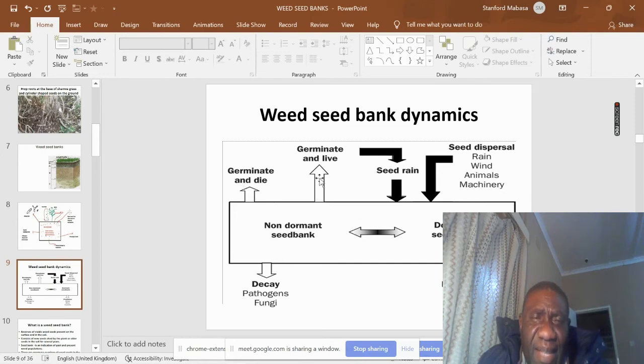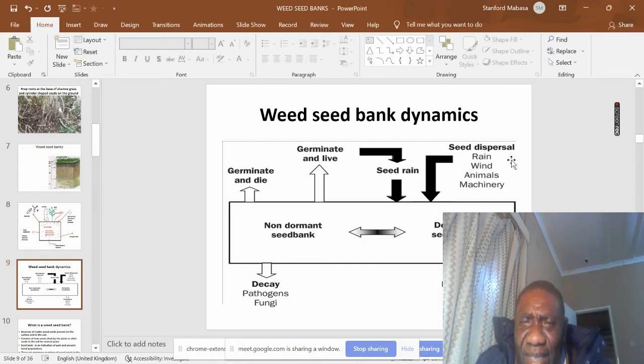Others may escape weed control measures. They will germinate, live, and produce seeds, what we refer to as weed seed rain. This may be referred to as FDI, foreign direct investment of seeds, and we may use this monetary language to describe what is happening.